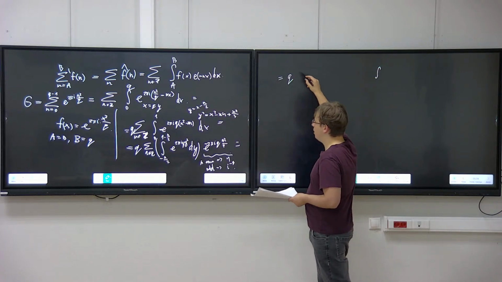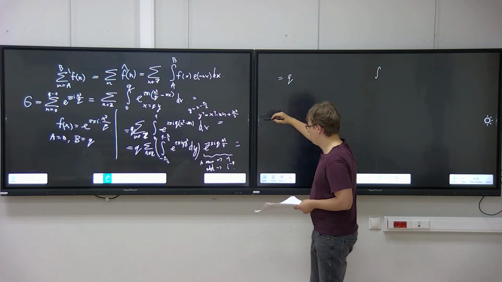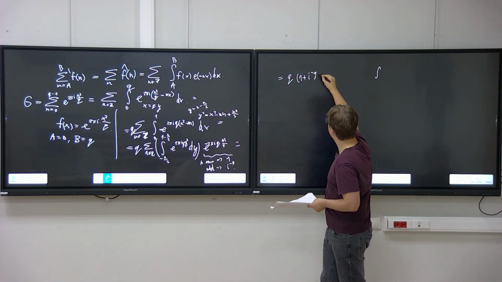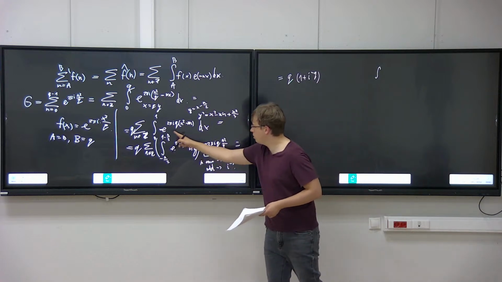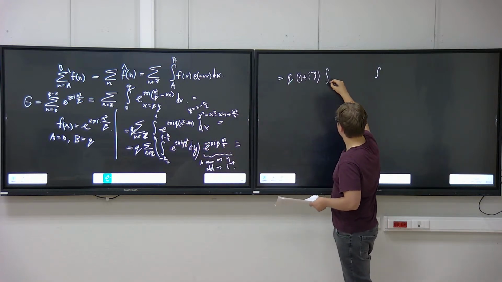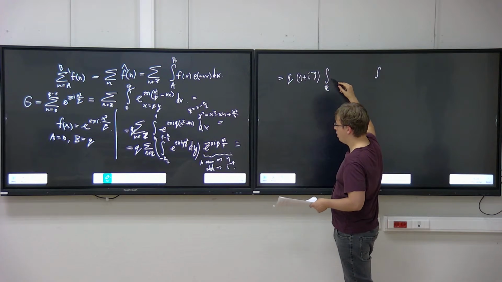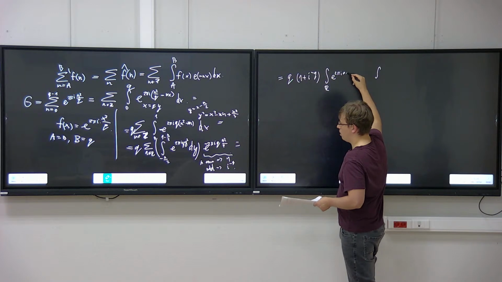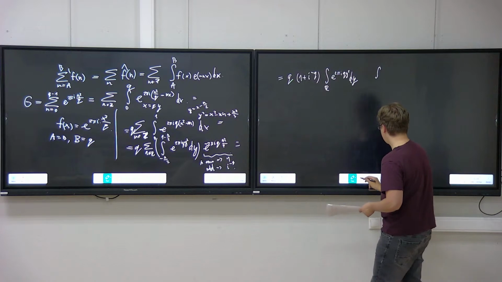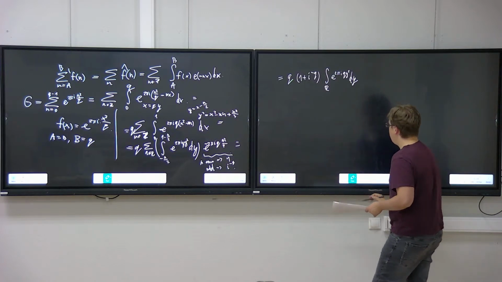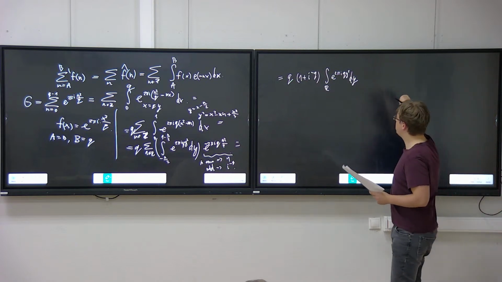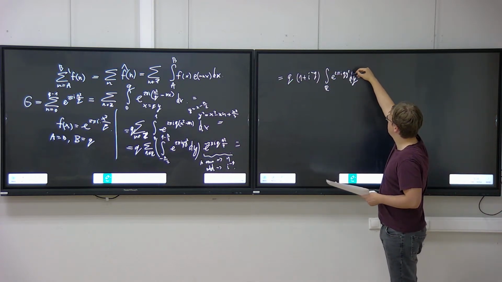So this will be q multiplied by 1 plus i to the power minus q, and here will be such an integral: integral over real numbers e to the power 2 pi i q x square dx. Now let's make the final change of variable.